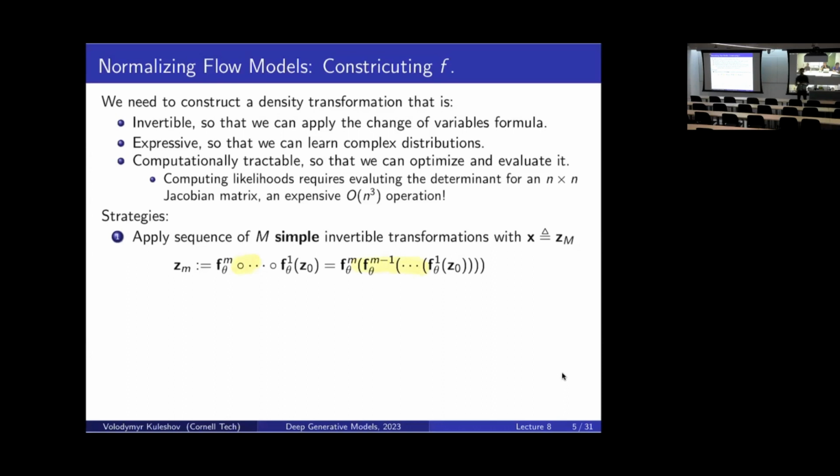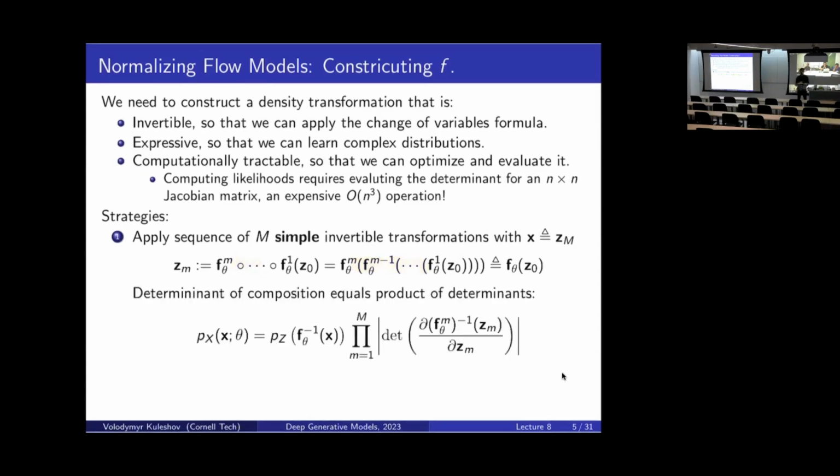You can think of each simple transformation f as a layer of sorts, but it's also an invertible mapping. So we can apply the change of variables formula to a composition. And we know that the determinant of the composition equals the product of the determinants of each function.